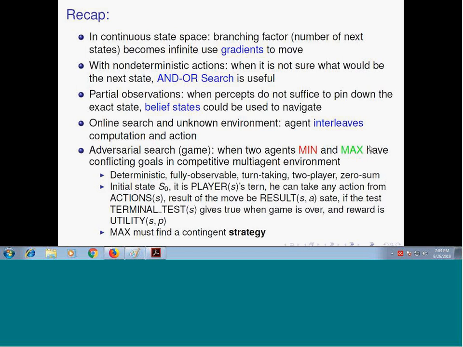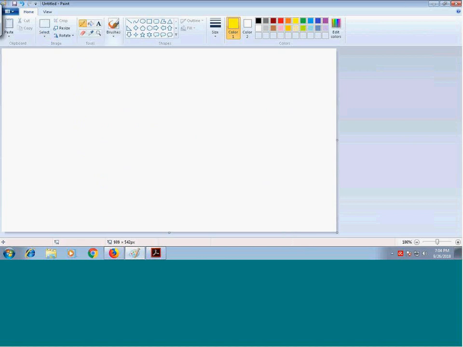So my question is, do you understand why there are so many possibilities in continuous space? If you are standing at some particular location, you can go in the x direction, minus x direction, y direction, and minus y direction.